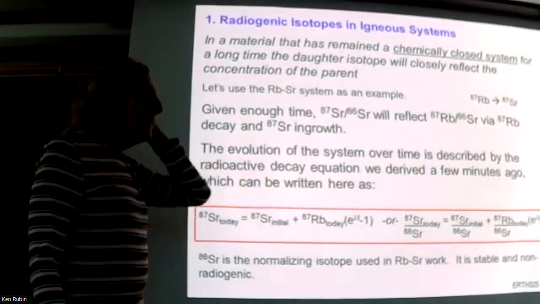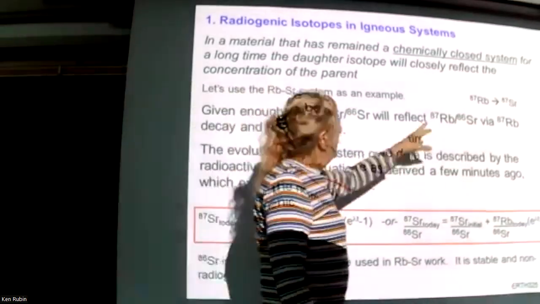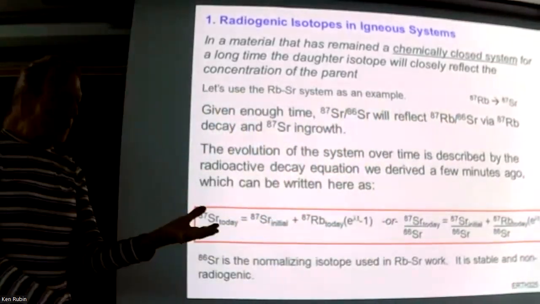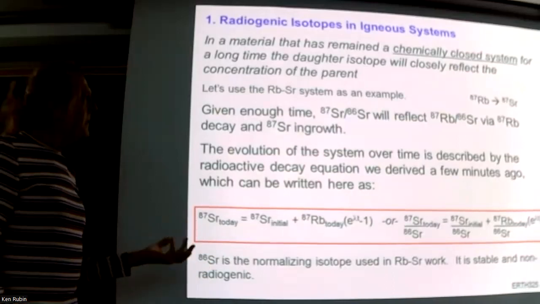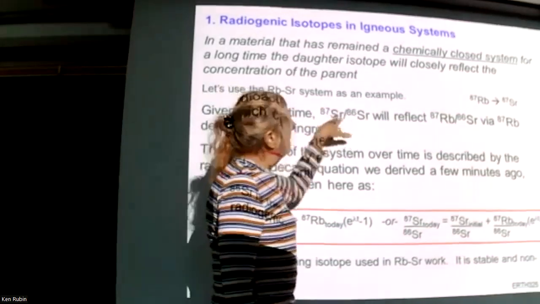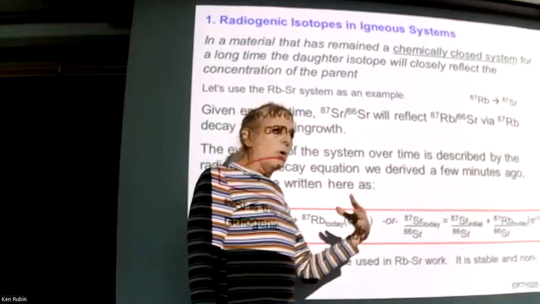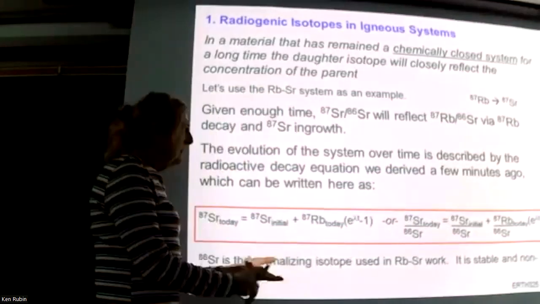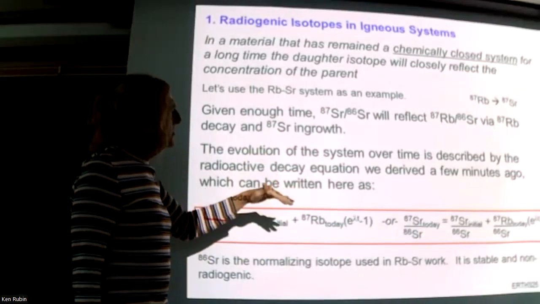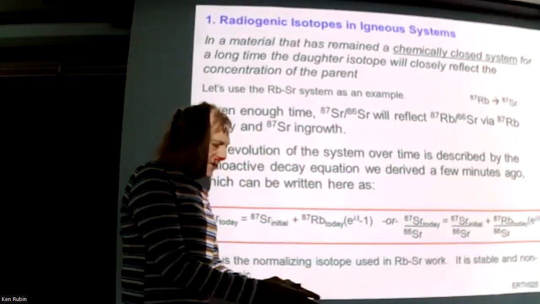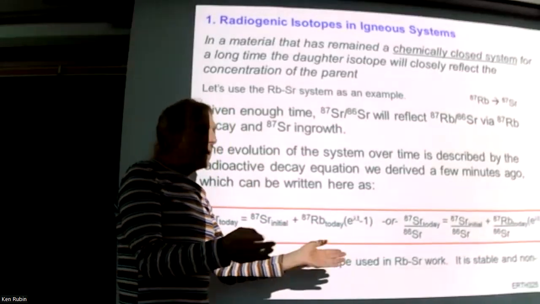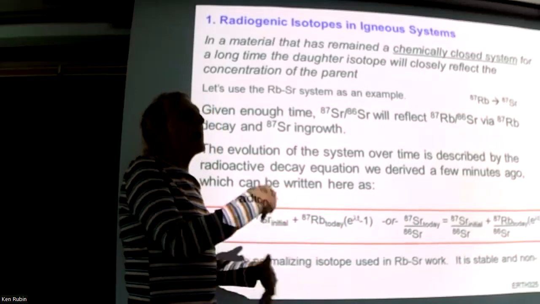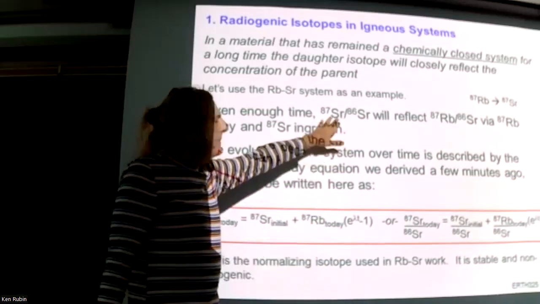Okay. Now, whether or not these two ratios are in lockstep depends on lots of assumptions, such as how long has the time been, how much variability was there in the initial value of this, was the system closed or open? The chemical exchange is one of the conditions we have for radioactive dating and for applying radiogenic isotopes, which is that if we have some material and stuff goes in and out of it, right, at different periods of time, then it's very difficult to track just exactly what happened to it because of the time integrated nature.